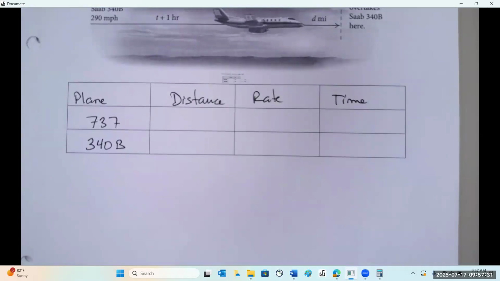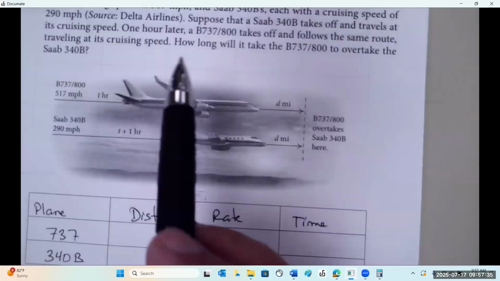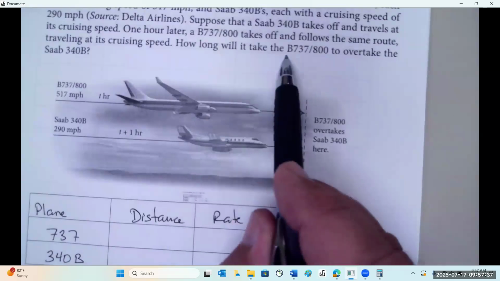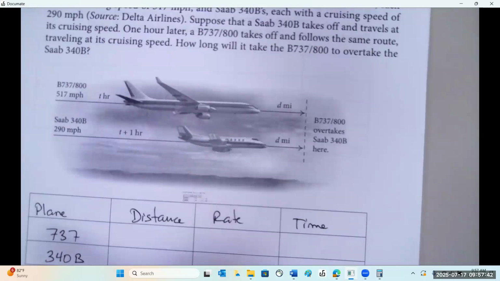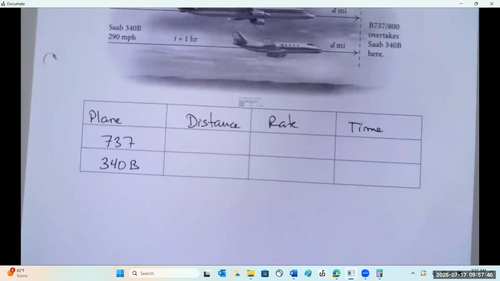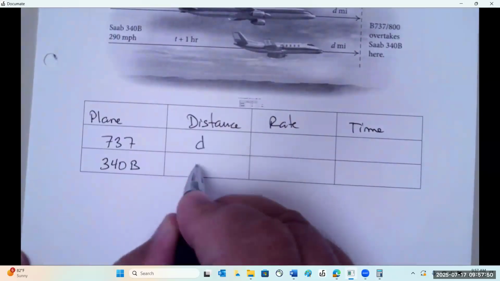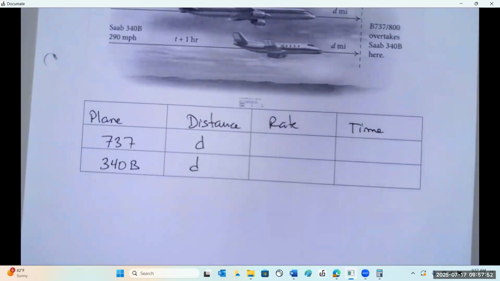Do we know the distance they traveled? No, but it's asking us, how long will it take the 737 to overtake the Saab 340? So what do we know about the distance? The distances have to be the same. They both took off from the same place at different times.